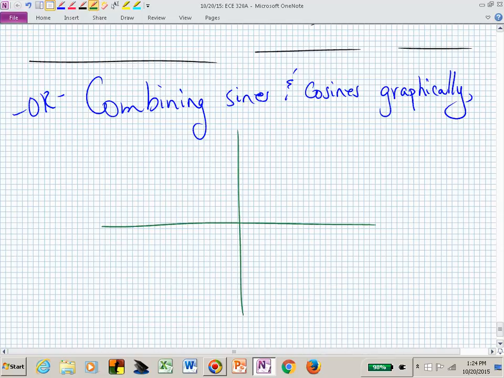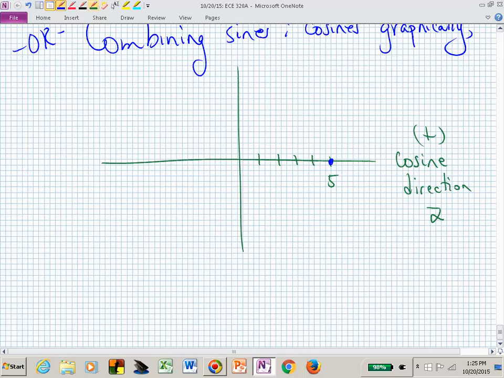Here's the graphical way, and it's maybe quicker. So let's say you had alpha bar and beta bar. This is now the cosine direction, the positive cosine direction, or what we were saying is the alpha bar. And we had 5 for our alpha bar, so it's right there. And the sine direction is 90 degrees behind the cosine.